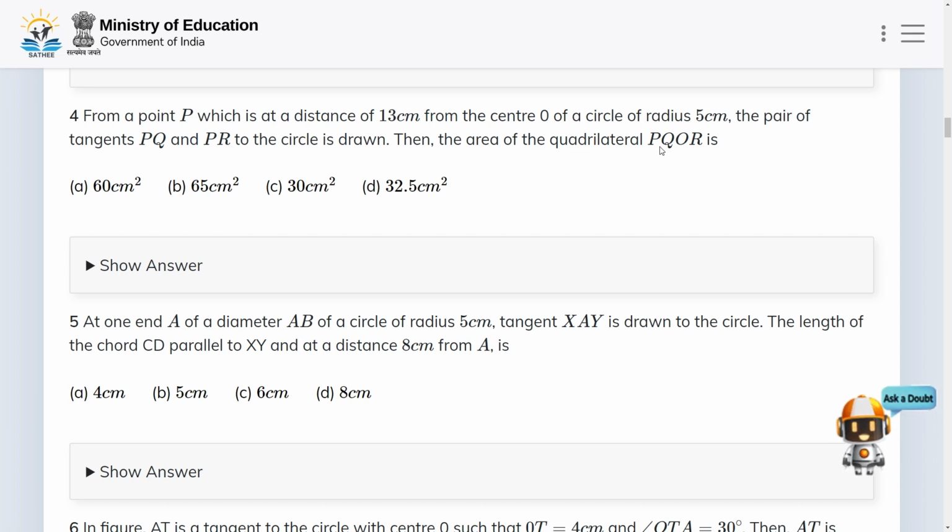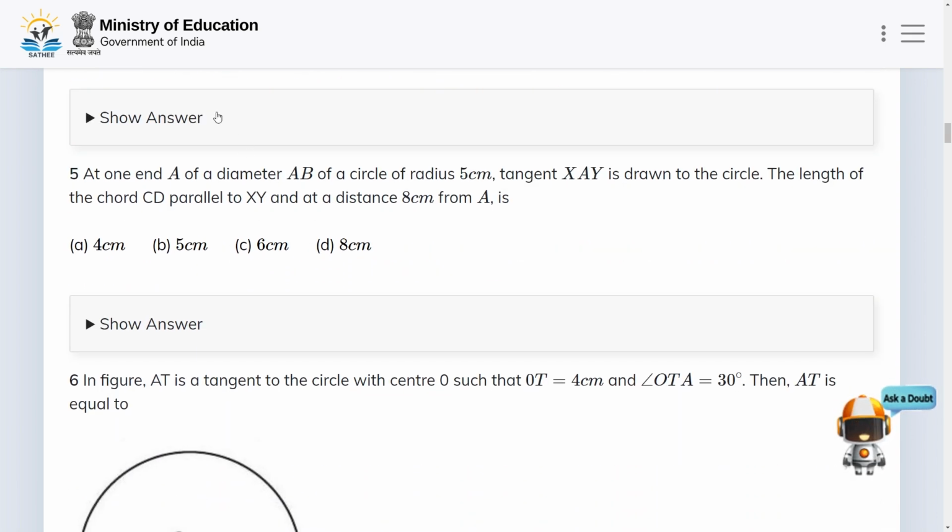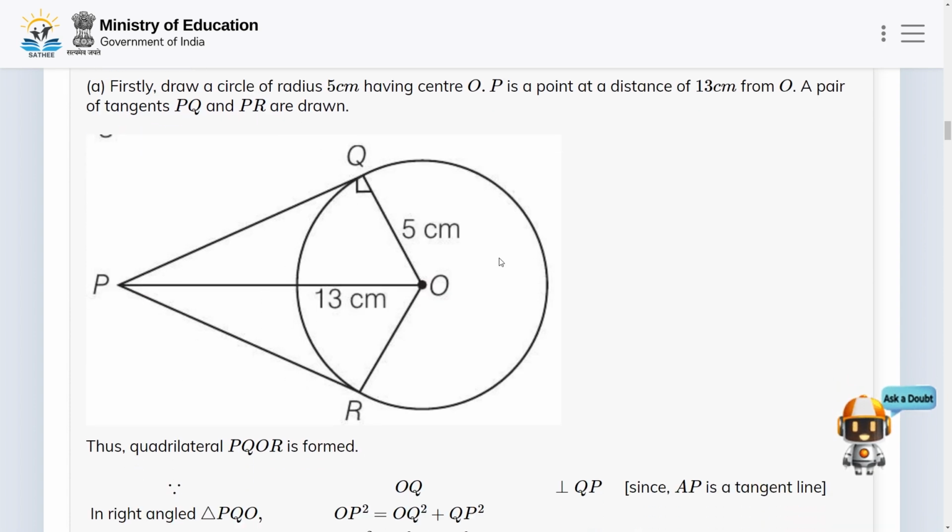Okay, so let us see how to solve this problem. So firstly, draw a circle of radius 5 centimeters having center O, and P is a point at a distance 13 centimeters from O, and a pair of tangents PQ and PR are drawn here.